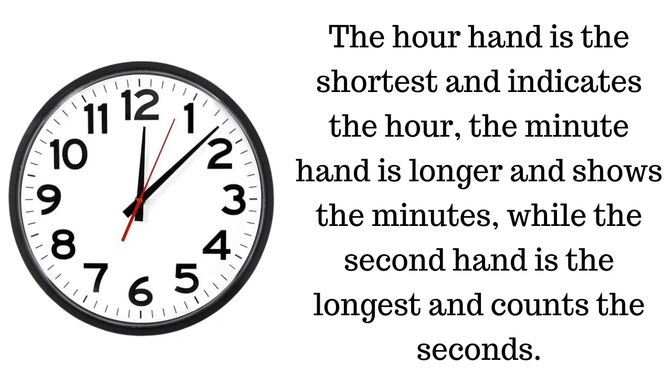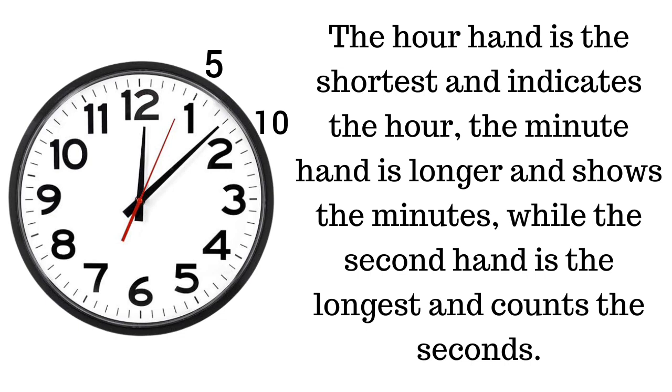So when we count from 12, after 12, we can start counting. 1, 2, 3, 4. The fifth stroke is on 1. When we count further, we have 6, 7, 8, 9, 10. The 10th stroke is on 2.